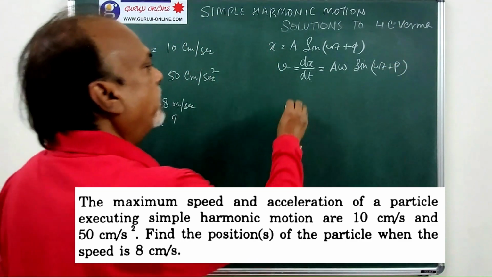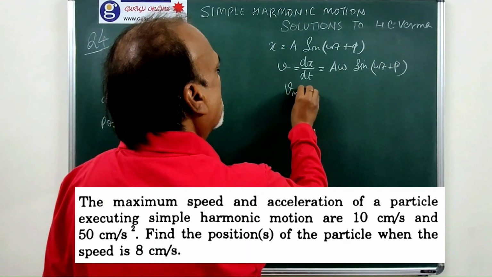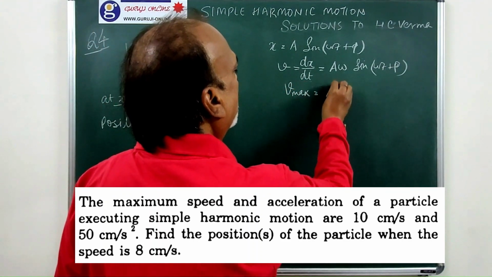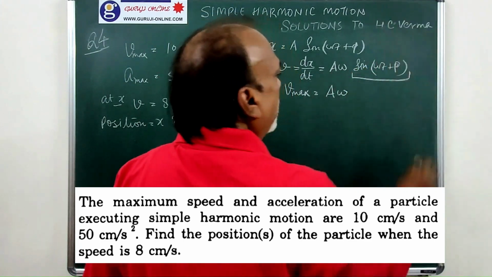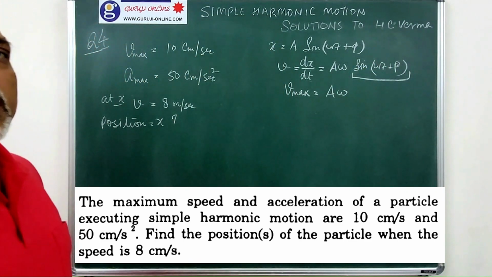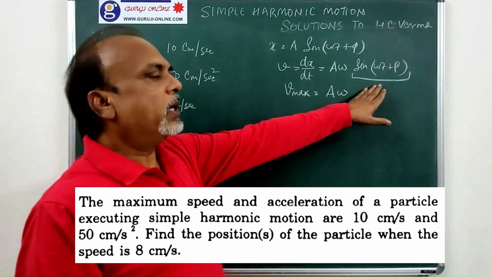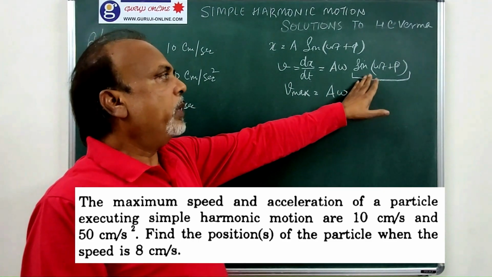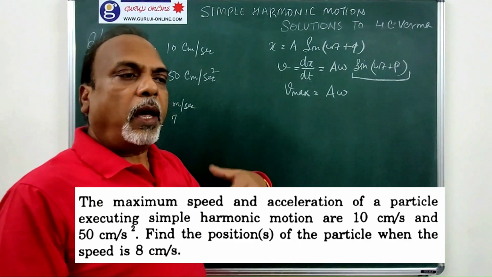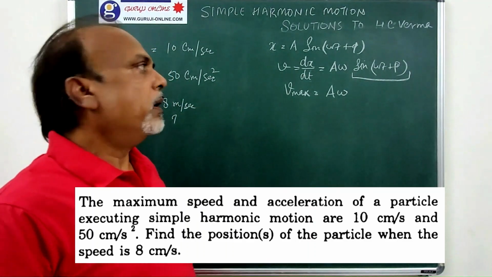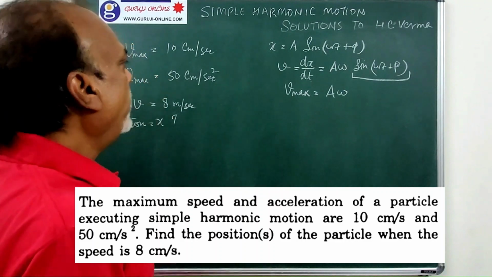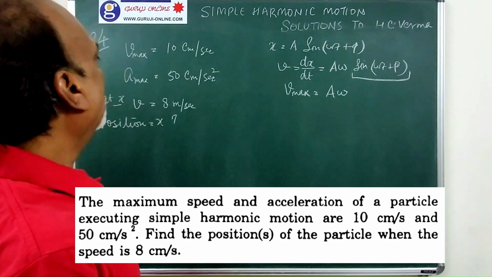So what is V max? V max will be A omega, because V will be maximum when this factor has value one, because the trigonometric function can have only maximum value as 1. Correct? So V max is A omega.